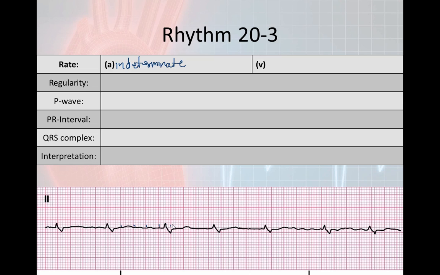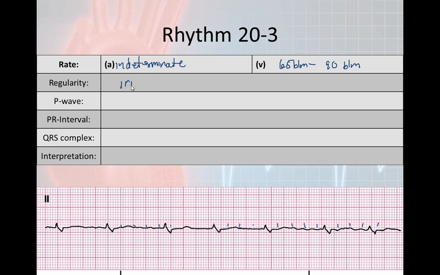So we'll say that's about 65. That looks to be the widest one there. That's about 75. 300, 150, 100, 75. So, no, that's a little bit northern. How about 300, 150, 100, 75? So that looks to be about 90. We'll say 90 beats per minute.